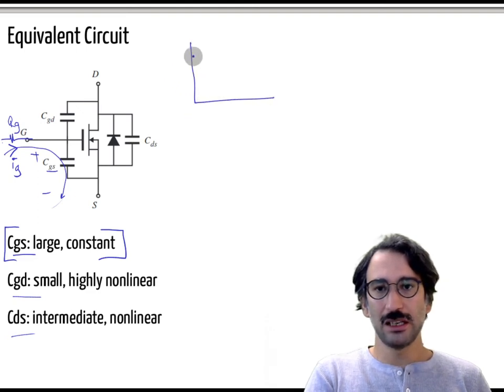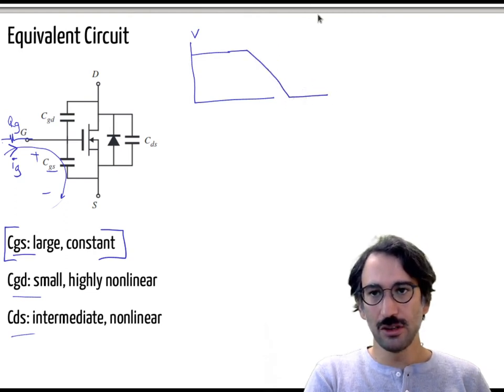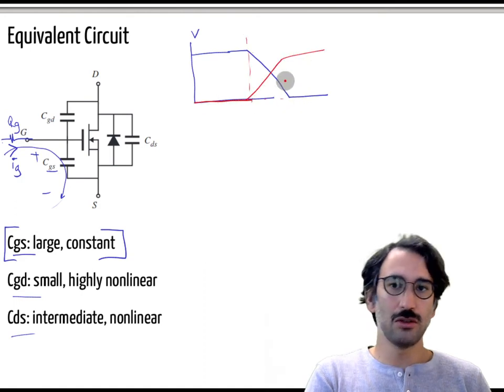Remember, the idea is you can have the voltage come to 0, and let's say the current goes like that.